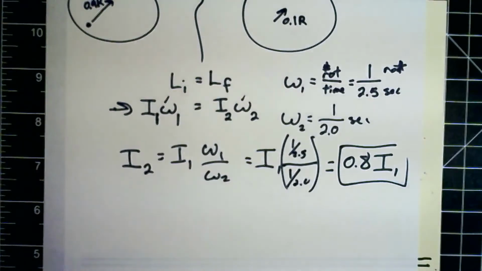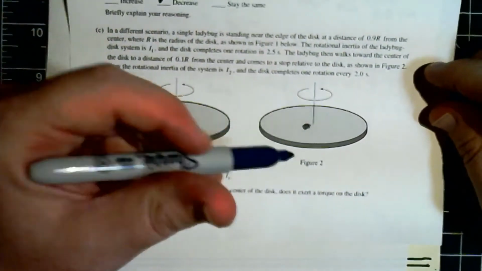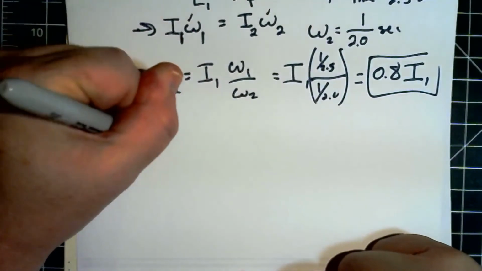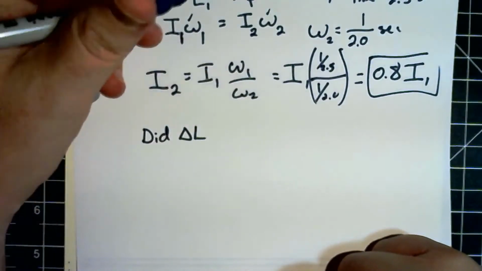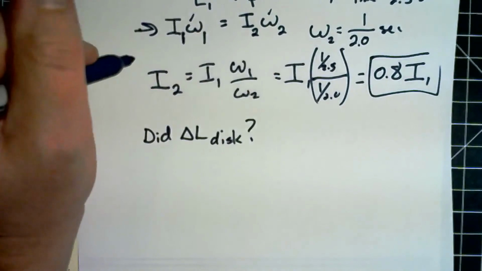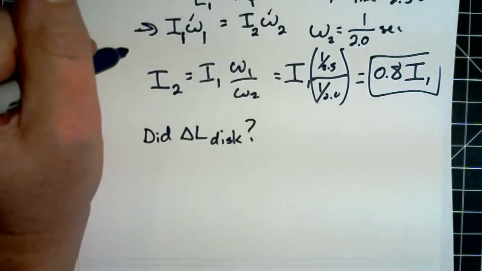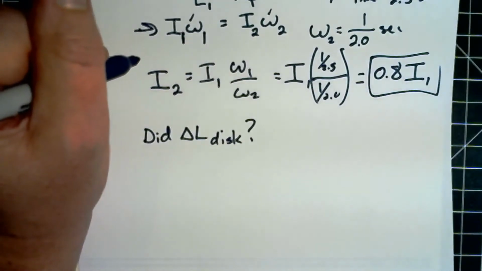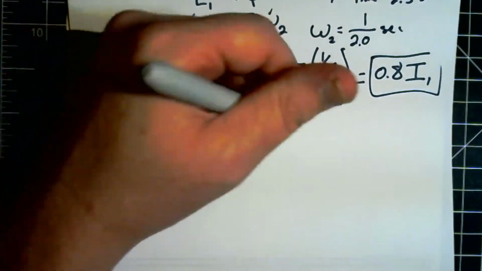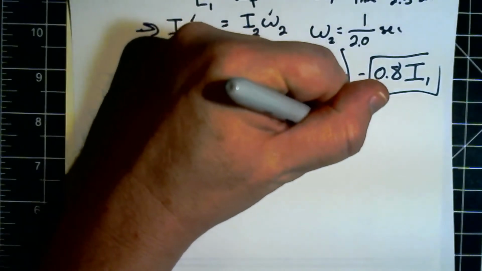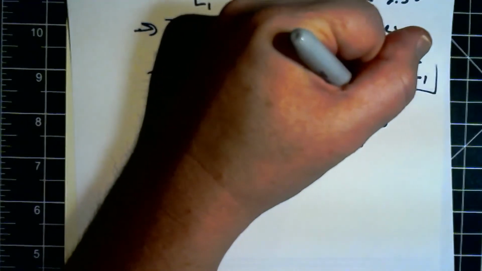All right. And then the last part of the question says, while the ladybug is walking toward the center of the disk, does it exert a torque on the disk? Well, here's the question: did angular momentum change for the disk? In other words, does the ladybug exert a torque on the disk? Well, did the disk change I?